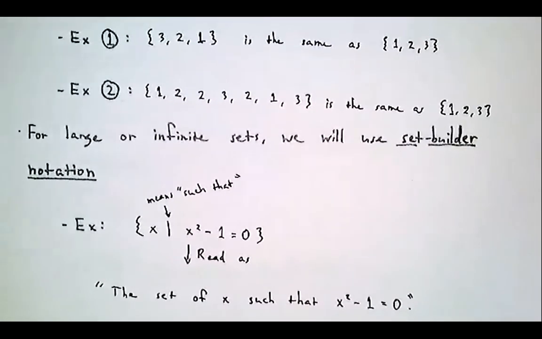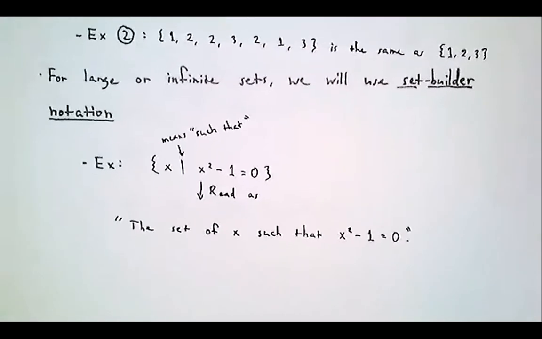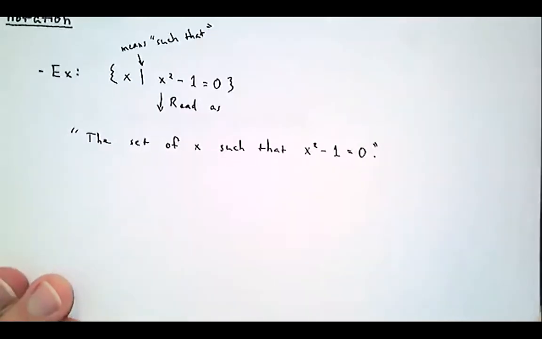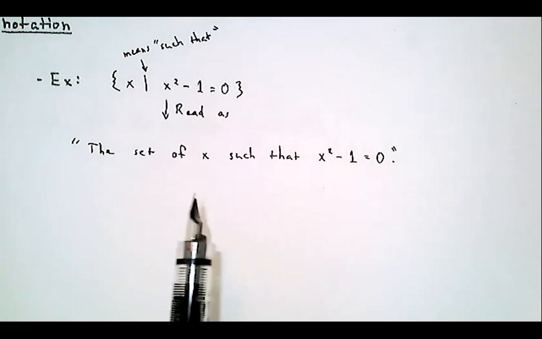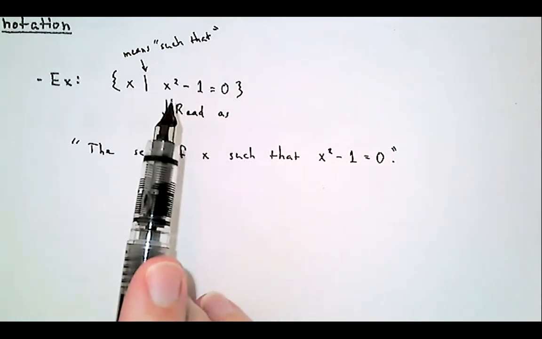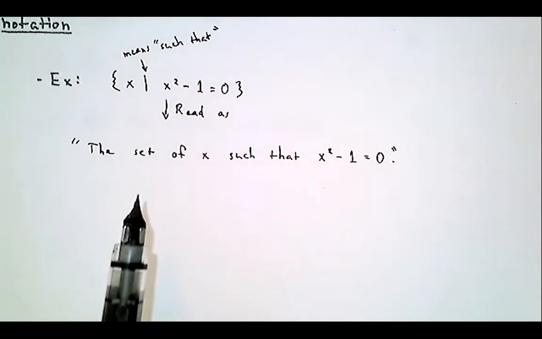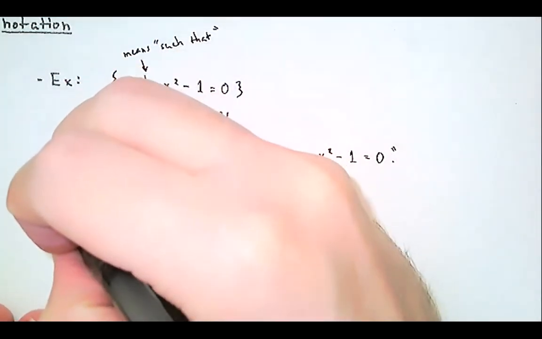Okay, so when we just write out the elements of a set, it should be totally clear what elements are in it. But if we use this kind of notation, the set builder notation, there might be a little bit of extra work to figure out what actually is in this set. So let's take a moment to just work that out.